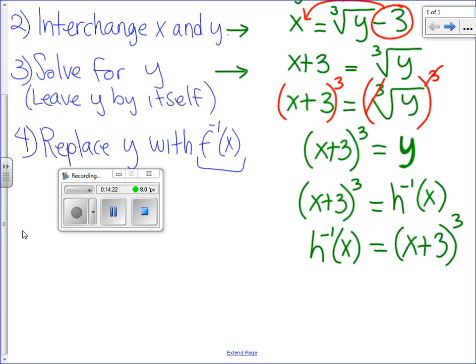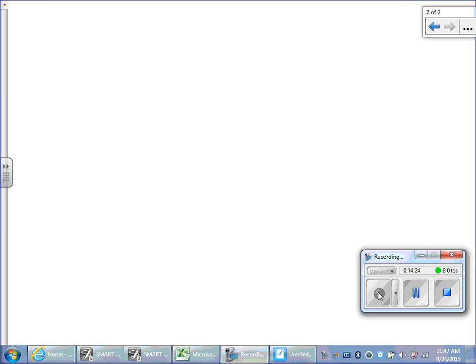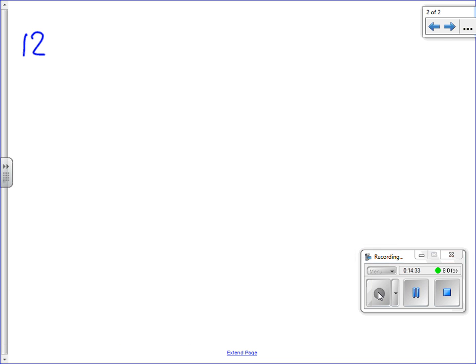Students, just a reminder, from the same page, problem number 12, the handout called function inverses. This function is g of x is equal to negative 4x plus 1.